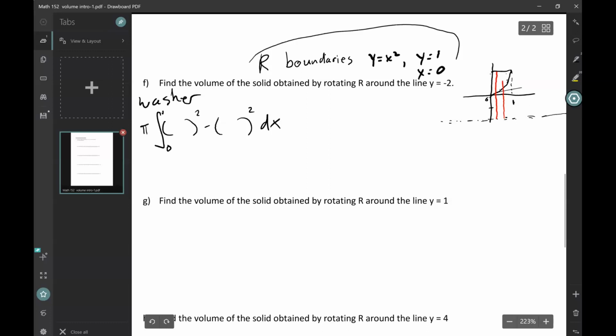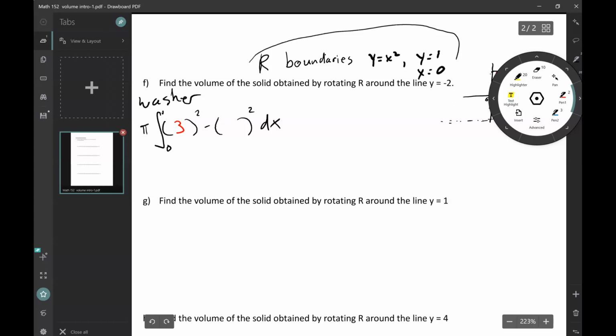So there's a couple examples of big R, and we can see once we do a couple of them that it doesn't change no matter where we go in the region. The outside edge is parallel to the line of rotation, so the big R is not going to change. So in this case, it's going to go from 1 down to negative 2, so that's a total of 3. We put a 3 in there.